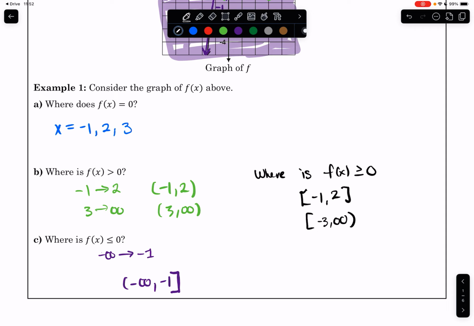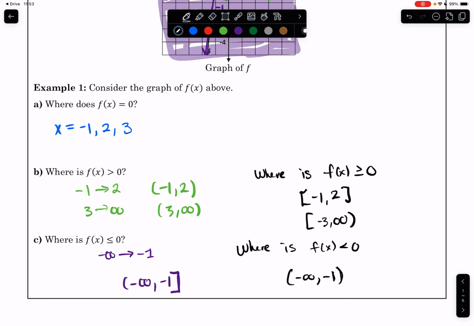And the same thing is going to be true on letter C. So instead, had the question asked, where is f of x strictly less than 0, that would simply change the interval from being closed at -1 to being open on that endpoint of -1. So that's what that would change.